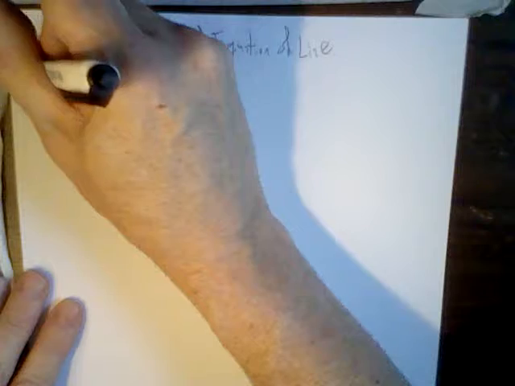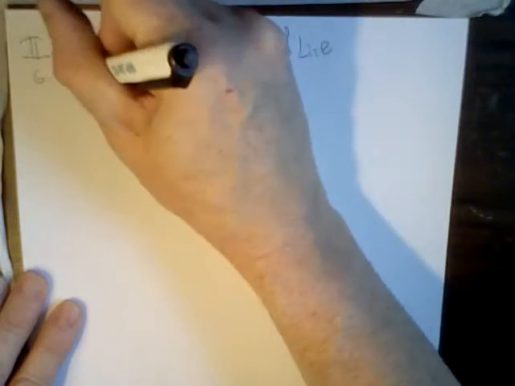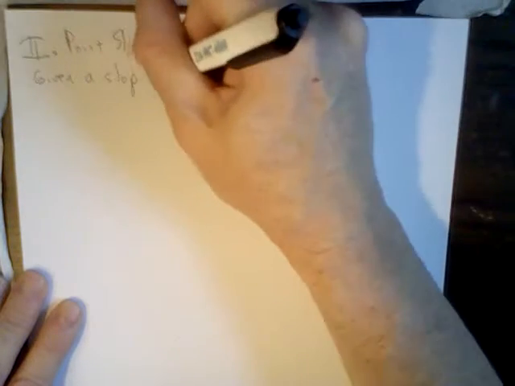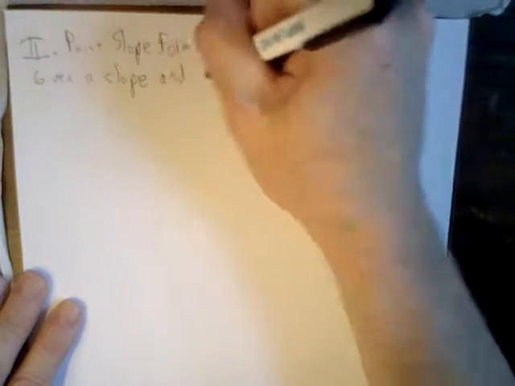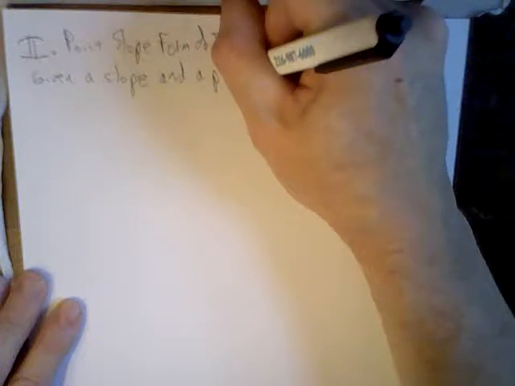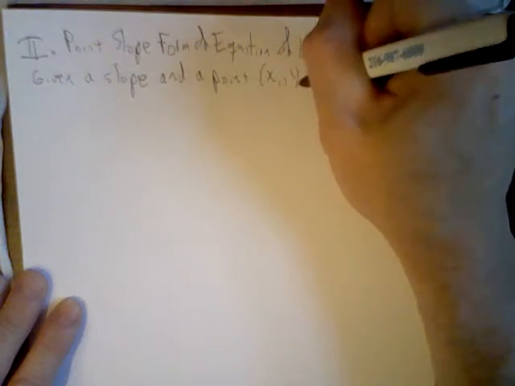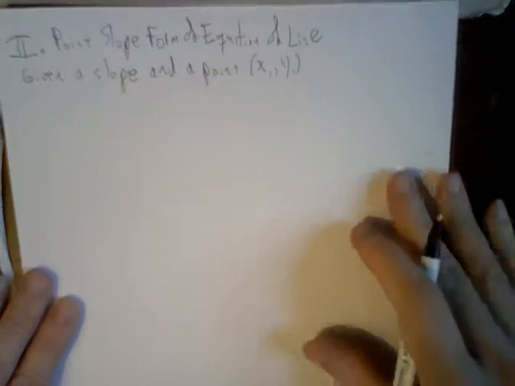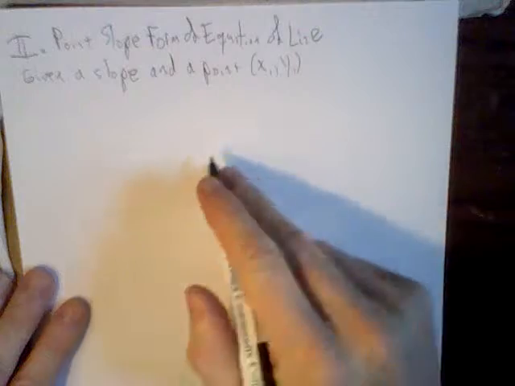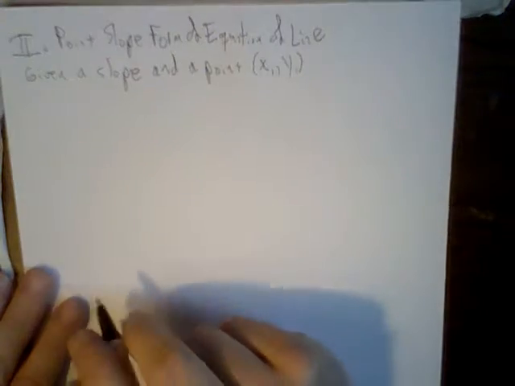If you have a slope and a point, we'll call it a point (x1, y1), you can form the equation of that particular line that has that slope and goes through that point.